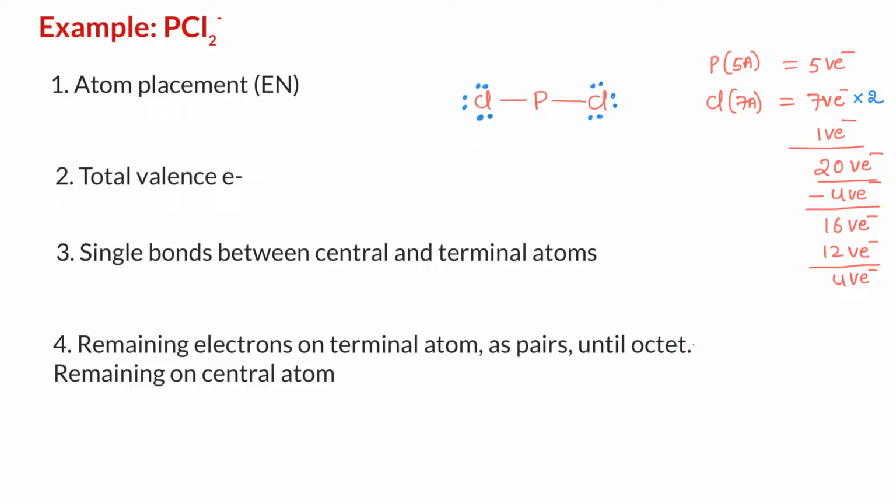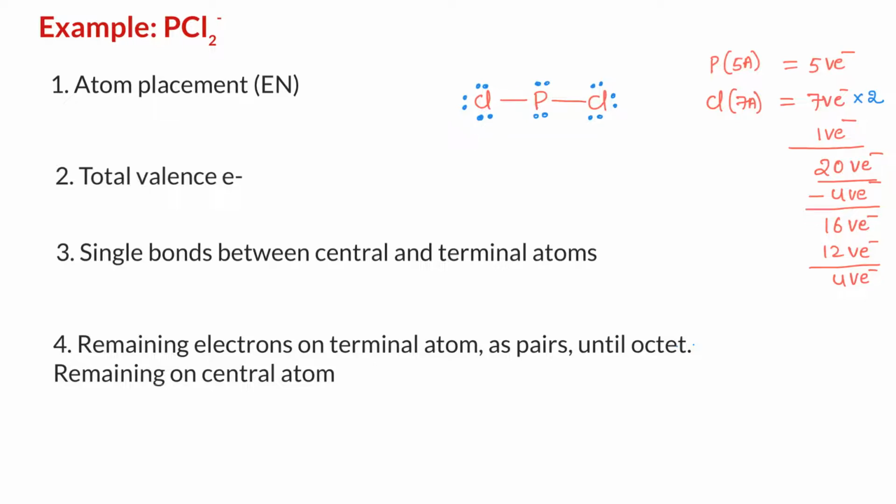I'm going to use the remaining electrons to give an octet configuration to the central atom. As you can see, phosphorus already formed 2 single bonds with the chlorine atoms, and we know that a single bond contains 2 electrons. So that means phosphorus already has 4 electrons. I can give a maximum of 4 more electrons to this phosphorus, and that's exactly how many electrons I have. 1, 2, 3, 4.